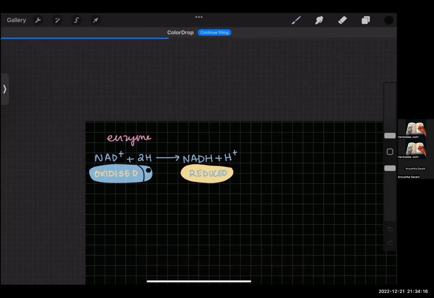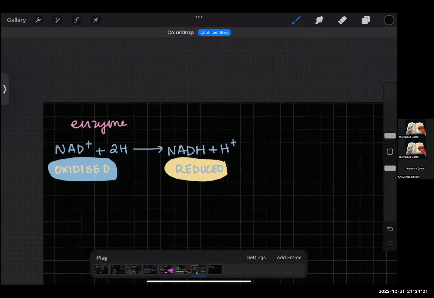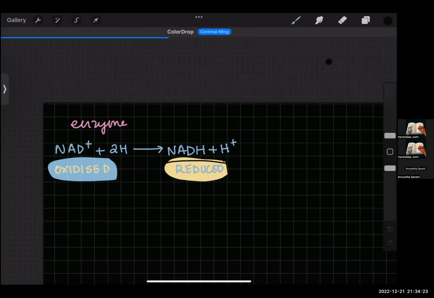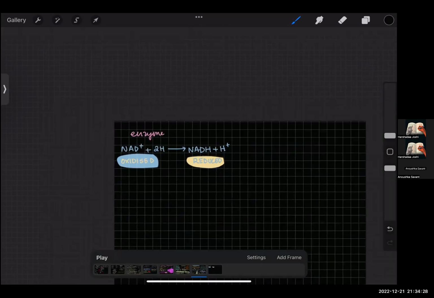Your enzymes are going to allow this particular reaction to be facilitated. Another thing that you can have happening in these reactions, again using your coenzymes only, is you can have FAD plus H2, that is going to give you FADH2.